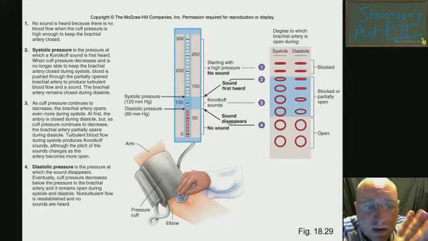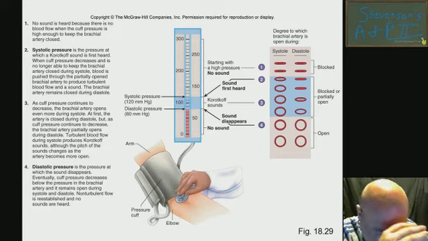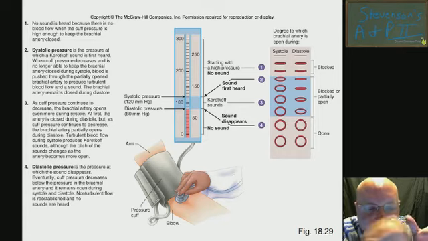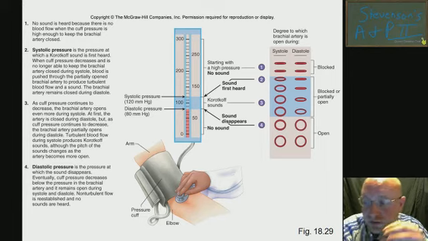The time in which the atria are contracting and the ventricles are relaxing is called the diastolic pressure. That is where the pressure is the lowest in the arteries. That would be diastolic pressure.